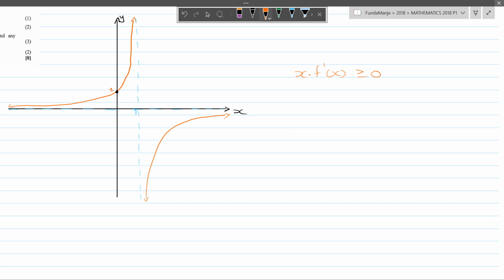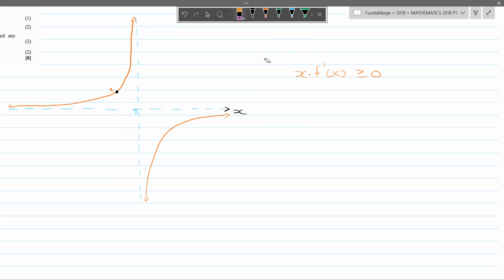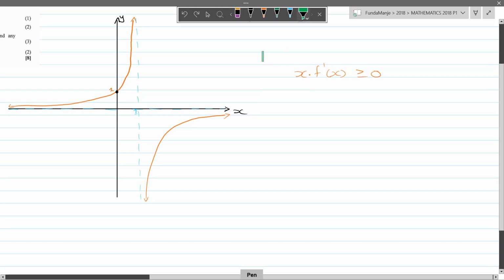So we can divide this basically into two sections. We have on our graph the y-axis, and at the y-axis we see our values changing for x.